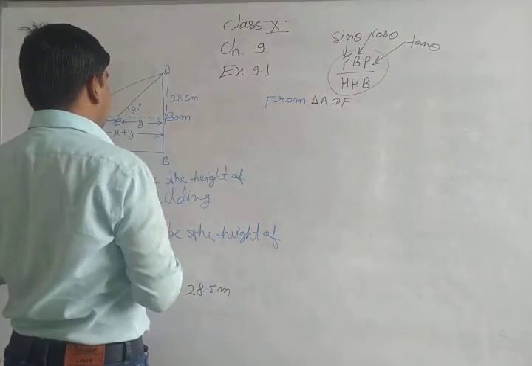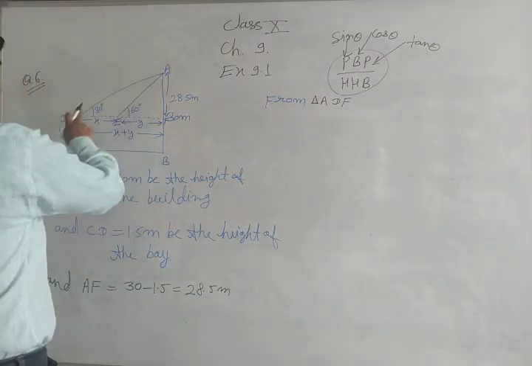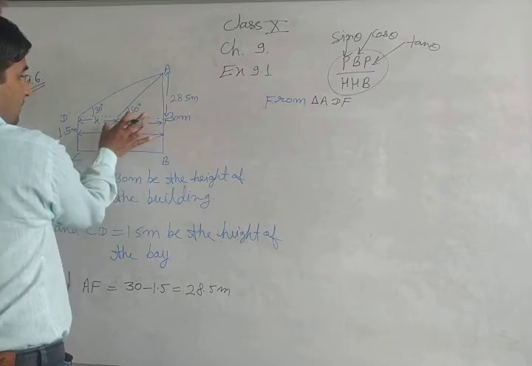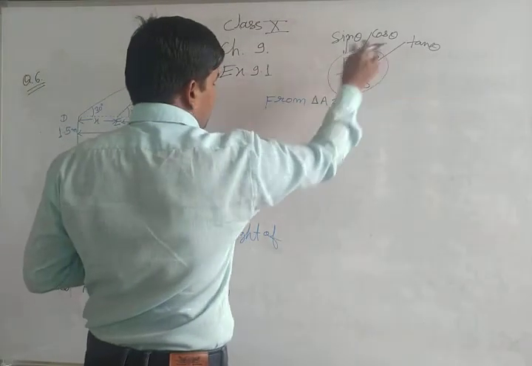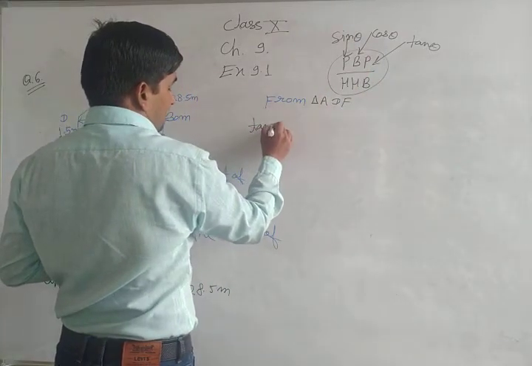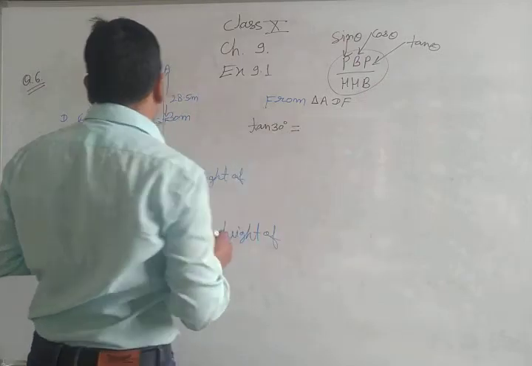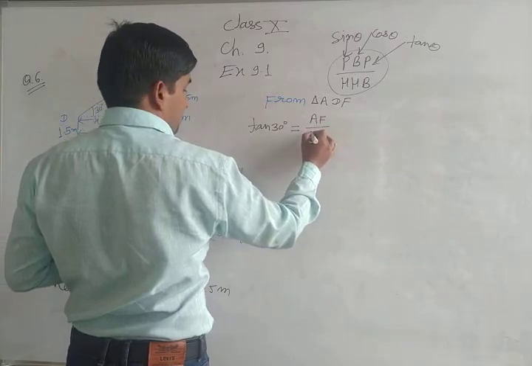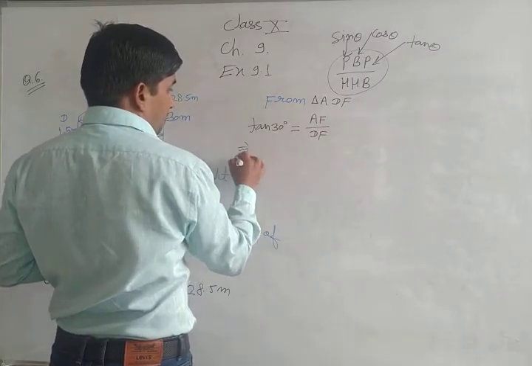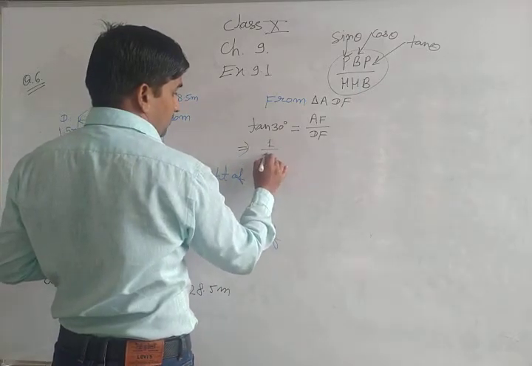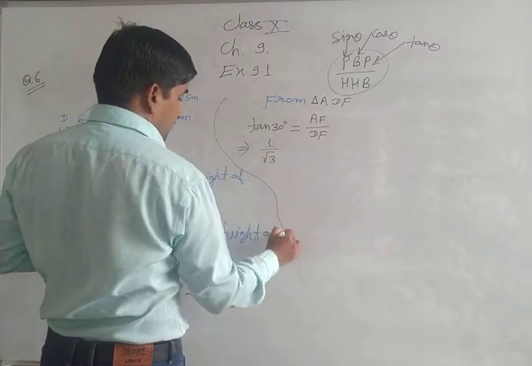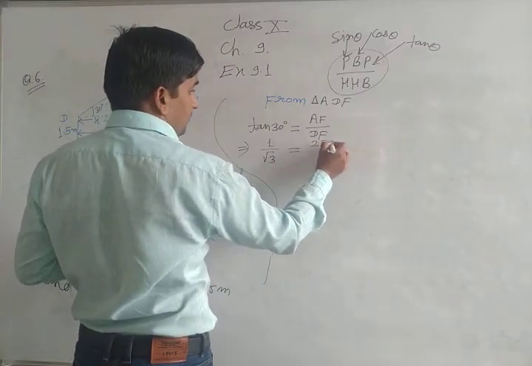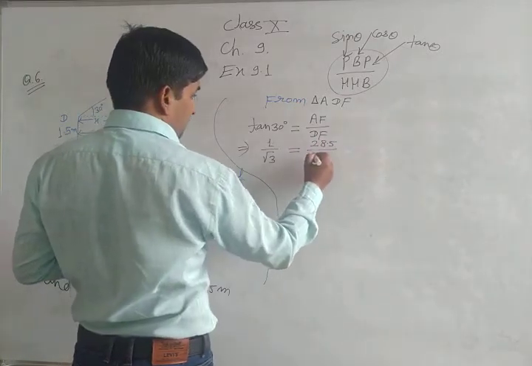When you solve from triangle ADF, the values given are perpendicular and base, so perpendicular and base form tan theta. So tan 30 degrees equals perpendicular AF upon base DF. The value of tan 30 is 1 upon root 3, and the value of AF is 28.5 and DF equals x plus y.